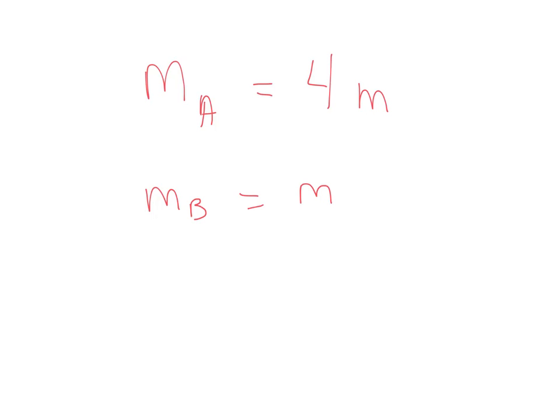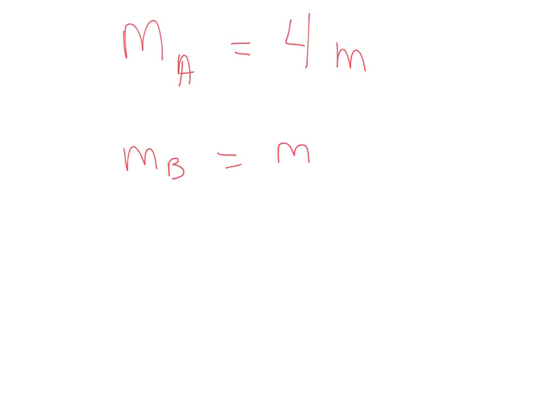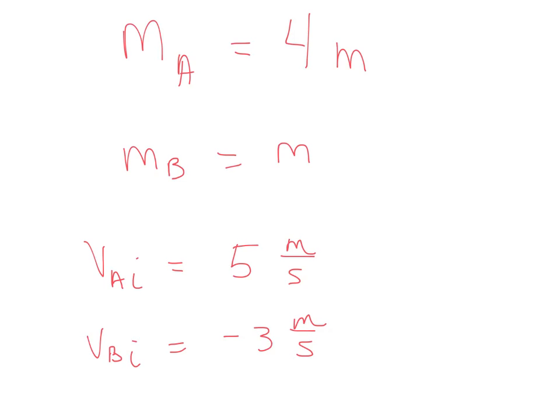So let's say the following. These objects collide, and before the collision, object A has a velocity of 5 meters per second, and object B, before the collision, has a velocity of -3 meters per second. Right. What's the velocity on the board?